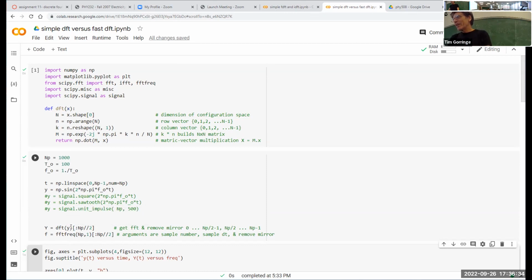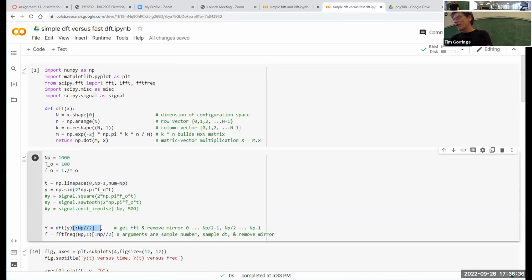So firstly here I'm slicing. I'm slicing off the bottom half of the frequency domain, keeping that. So I'm removing the top half, keeping the bottom half, because that's where one copy of the frequency spectrum is, with the 0 frequency point.